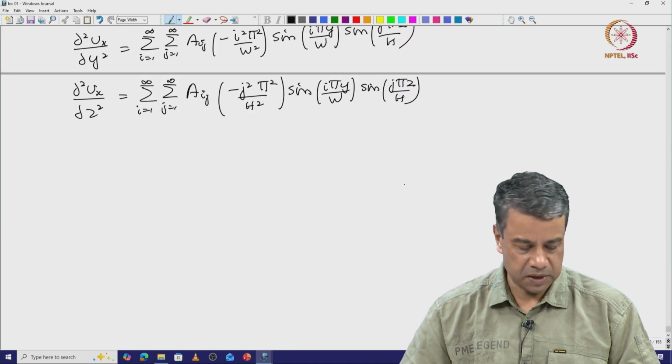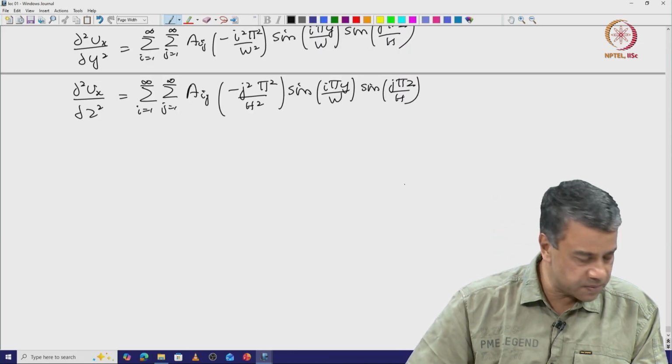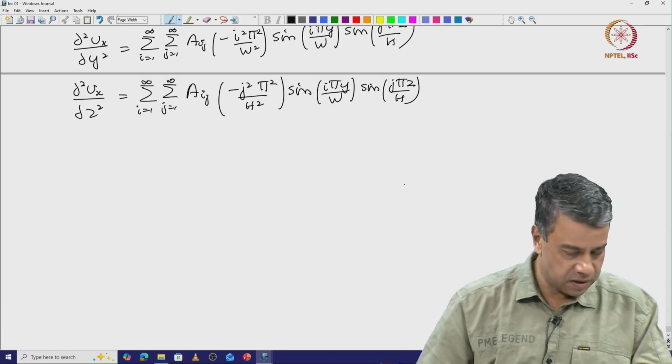So, those are the two derivatives of the velocities which I now substitute into the conservation equation.